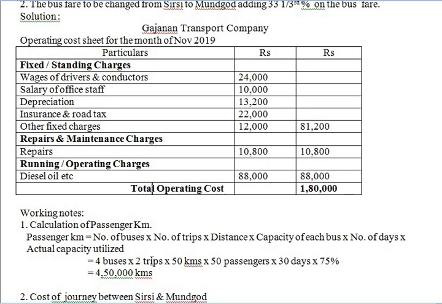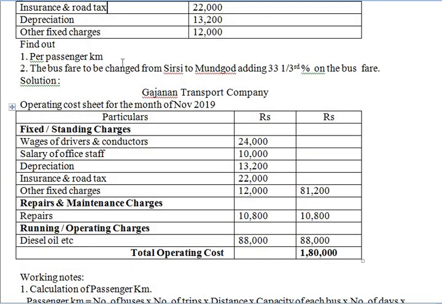Now next thing, second point is the bus fare to be charged from Sirsi to Mundugod, adding 33 1/3% on the bus fare. So 33 1/3% is nothing but that is profit, right? Okay. Now first we will calculate cost of journey between Sirsi and Mundugod.